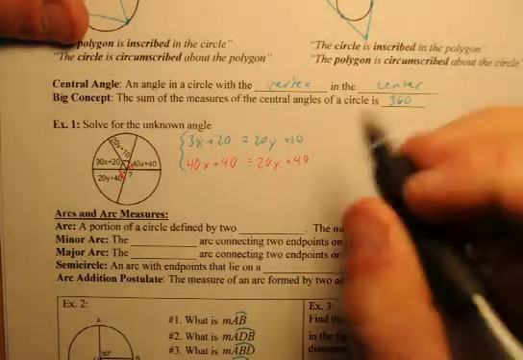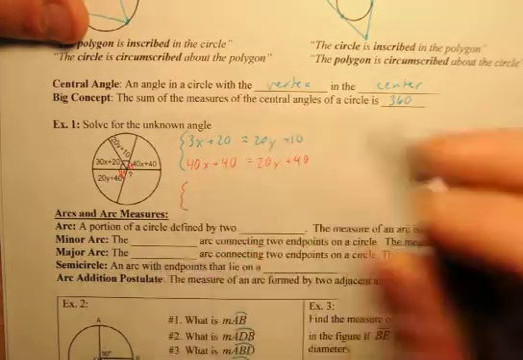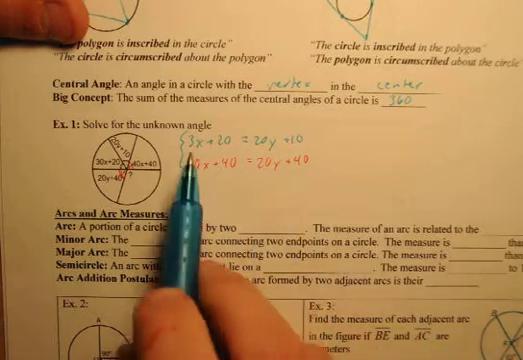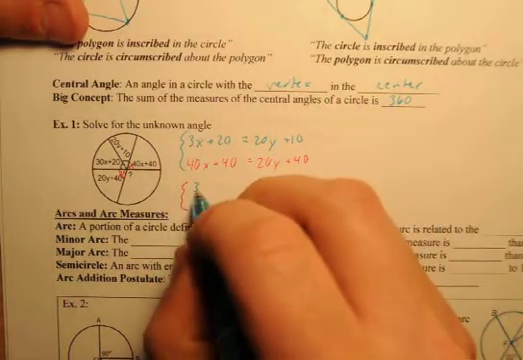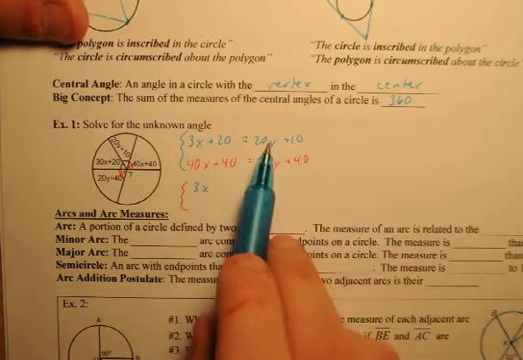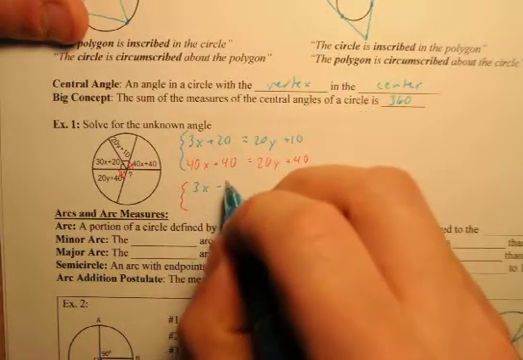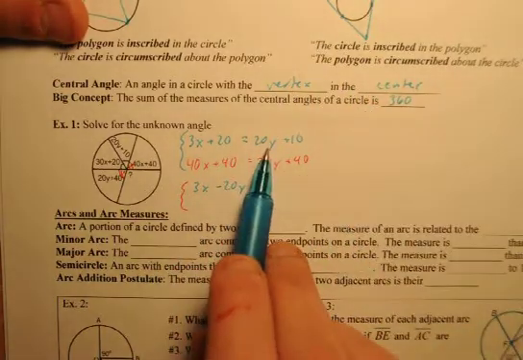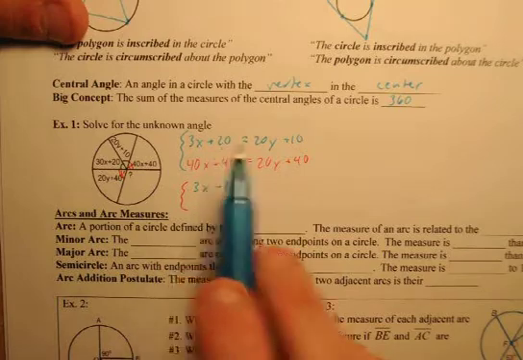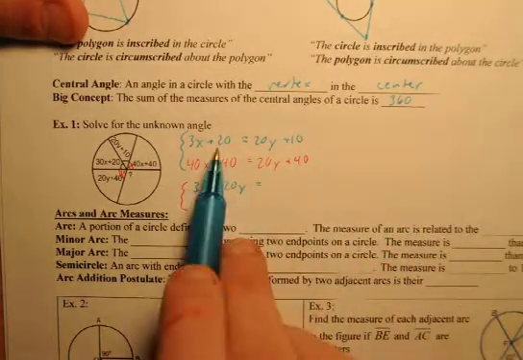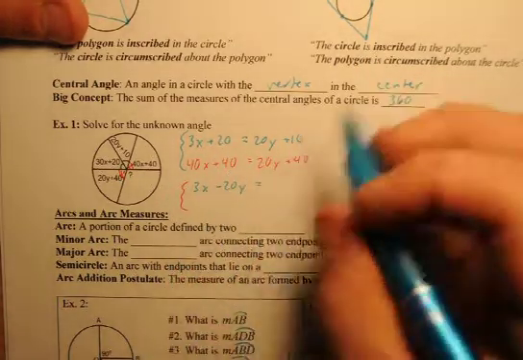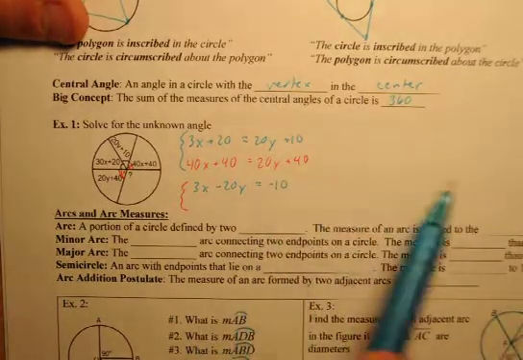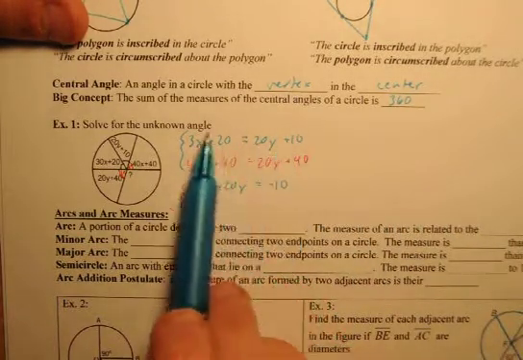Let's clean it up a little bit. For the top equation, we've got 3x, and we subtract the 20y, and subtract the 20 to get negative 10 here. So I'm just rearranging this top equation.